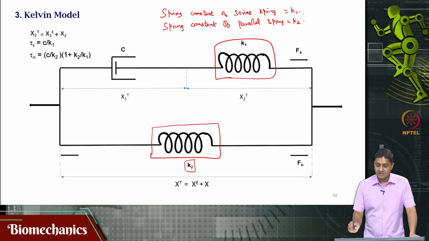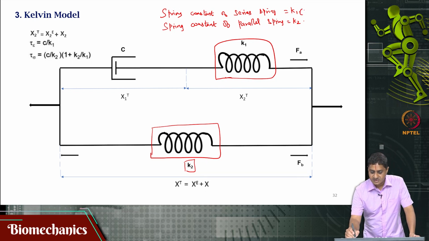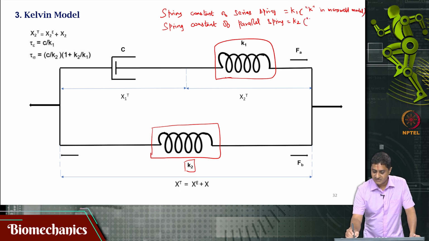Let us remember this: K1 was called K in the Maxwell model, and this K2 was called K in the Voigt model.